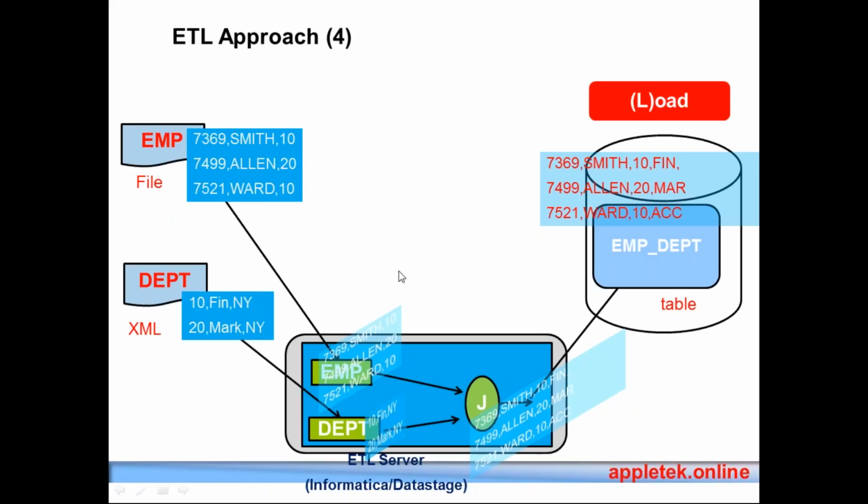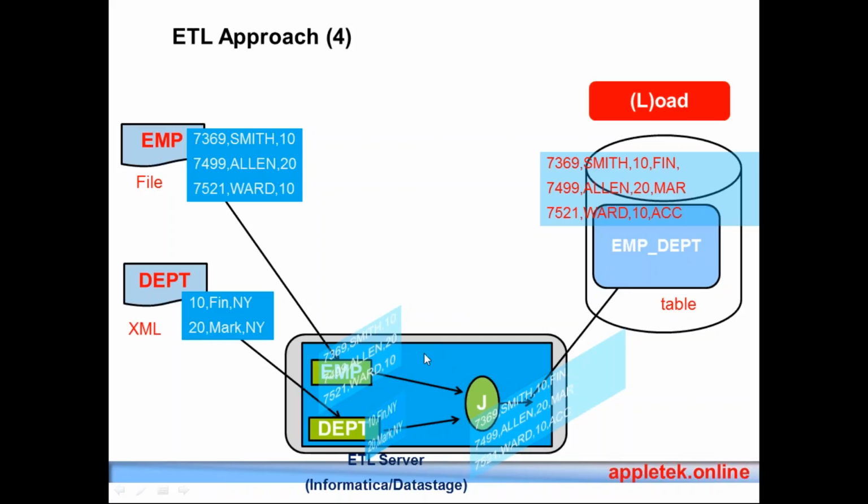In older days it was fine, volumes were smaller, but now ETL jobs have increased, and in every ETL job the volume being processed has increased. So if you are running many jobs in parallel processing and I bring all the data into the ETL server, I need to increase the ETL server hardware capacity to accommodate all this data processing.